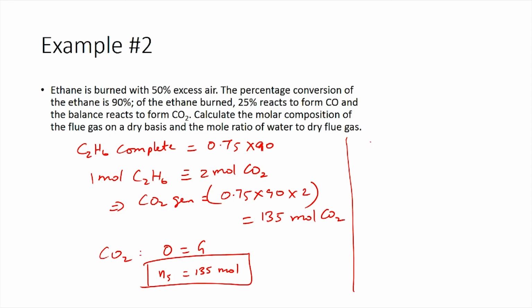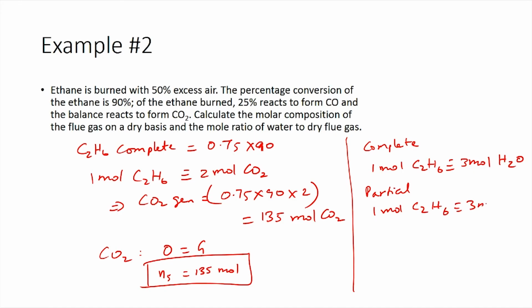Based on the stoichiometry for complete combustion, you have 1 mole of ethane reacting to form 3 moles of water, and similarly for partial combustion you still have 1 mole of ethane forming 3 moles of water vapor.